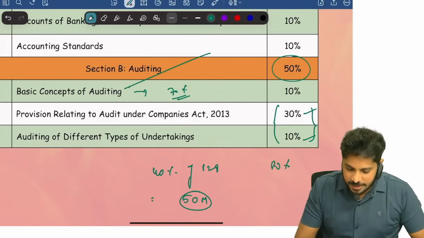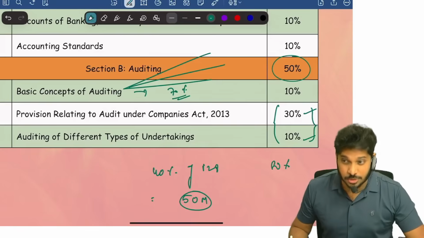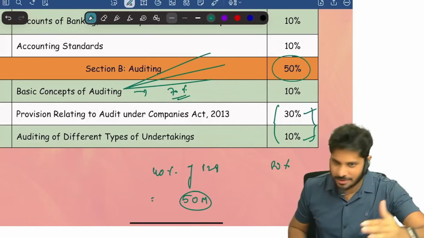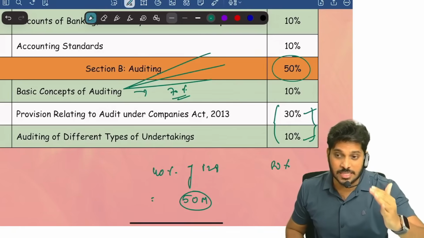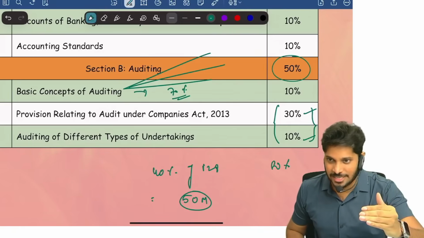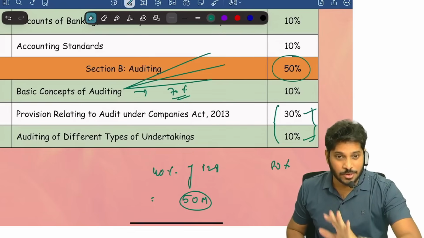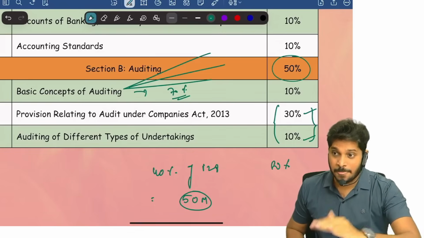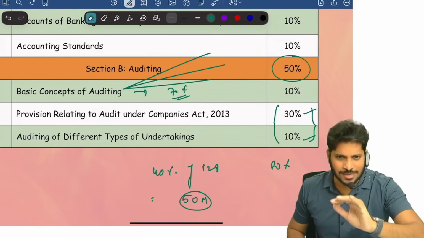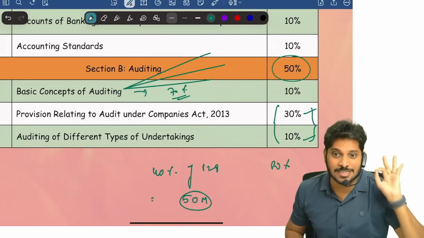For your understanding, this first chapter has totally 8 topics. First they speak about the introduction, then various types of audit, then internal controls, risk assessment, audit documentation, audit evidence, the audit program, then internal audit, internal control, then IFC, internal financial controls, audit trail, automated environment, sampling, analytical procedure.